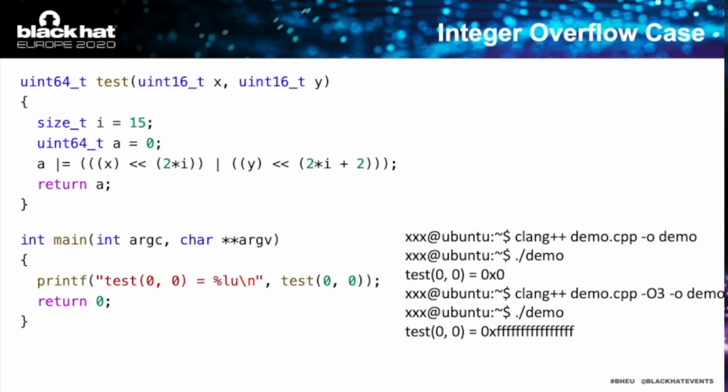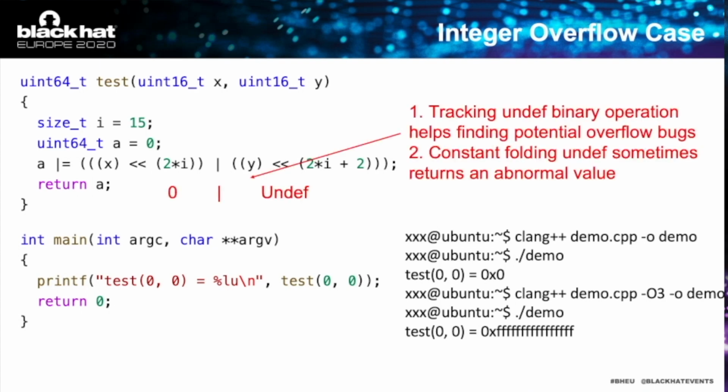If we observe the program more carefully, we will find there exists an oversized shift undefined behavior. We can check binary operations with undef to find the potential overflow. In addition, arithmetic operations with undef sometimes return abnormal values. It may cause vulnerabilities too.